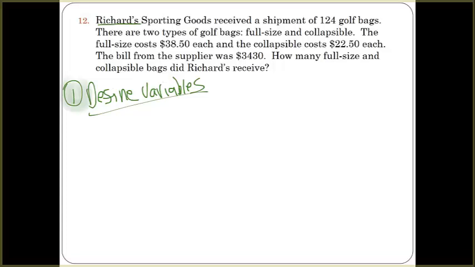So Richard's Sporting Goods received a shipment of 124 golf bags. Okay, so I know I've got golf bags, but it doesn't tell me. Usually you're looking for two things because word problems. Oh, and look at this. There are two types of golf bags, full size and collapsible. So that means that's your variable set.